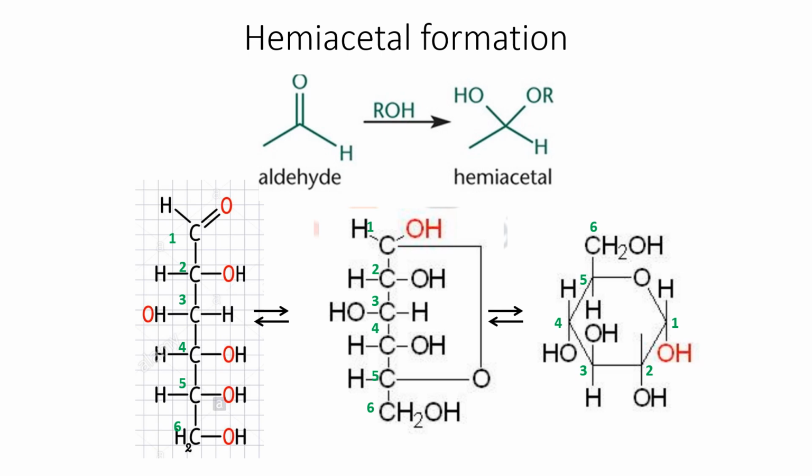This aldehyde group reacts with the OH group of the C5 or the C4. And if it reacts with C5, then a 6-member ring forms, and it will form the pyranose form. So this is how this cyclic ring forms, and the C1 attacks the OH of the C5.